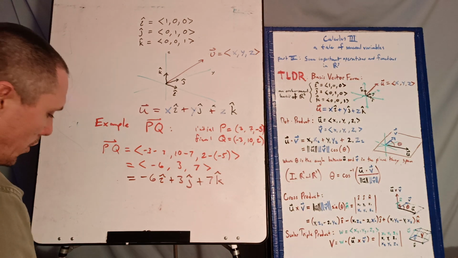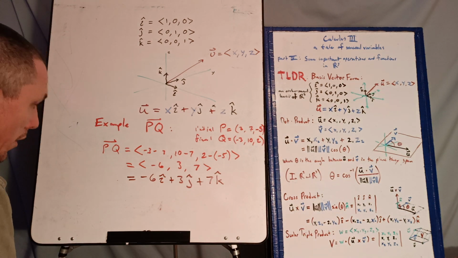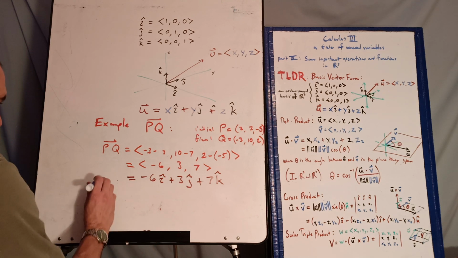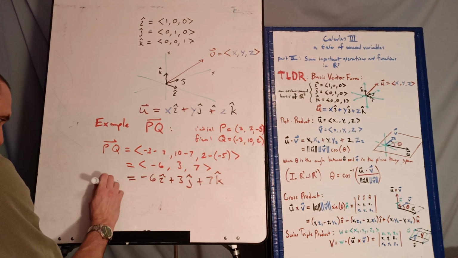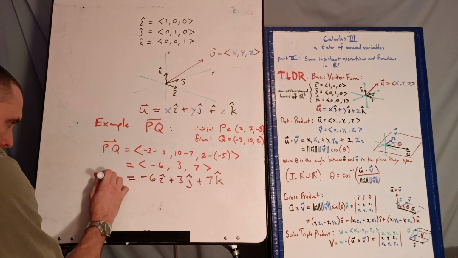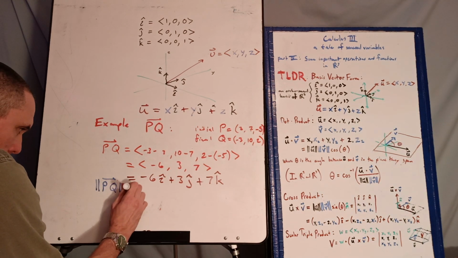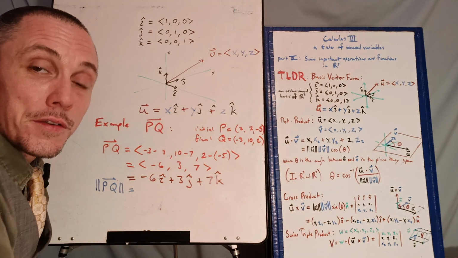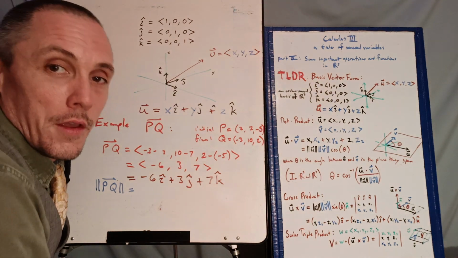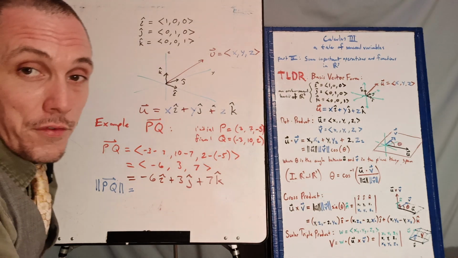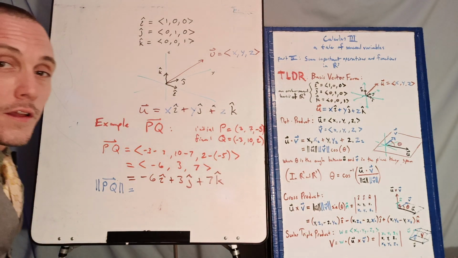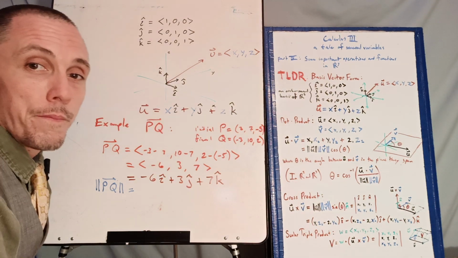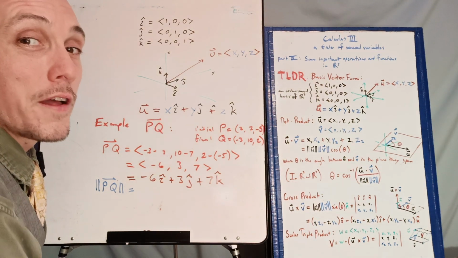And finally, just as a quick review, let's say we wanted to know the norm of PQ. So we distinguish that this way. This is its magnitude. And how do we find magnitudes in R3? Well, the exact same way that we found them in R2. We use the Pythagorean theorem. But as some of you might know, if you've ever calculated the diagonal distance across a box, the Pythagorean theorem in 3 dimensions looks an awful lot like it does in 2.